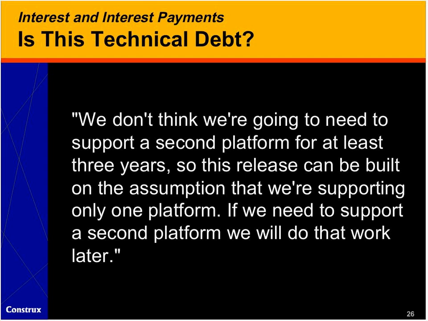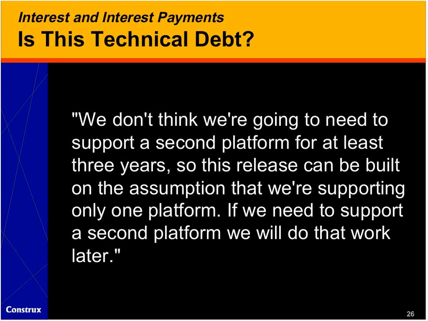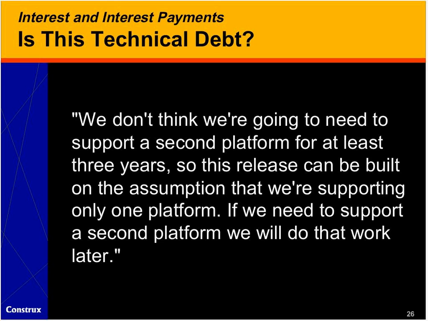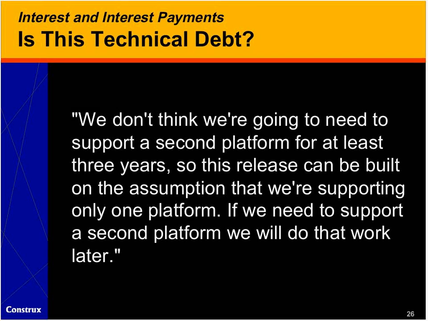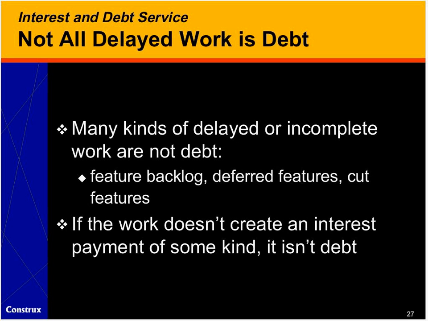So here's an example. Is this technical debt? Quote, we don't think we're going to need to support a second platform for at least 3 years. So this release can be built on the assumption that we're supporting only one platform. If we need to support a second platform, we'll do the work later. Well, this is an example of delayed work, to be sure, but I don't think that all delayed work is debt.